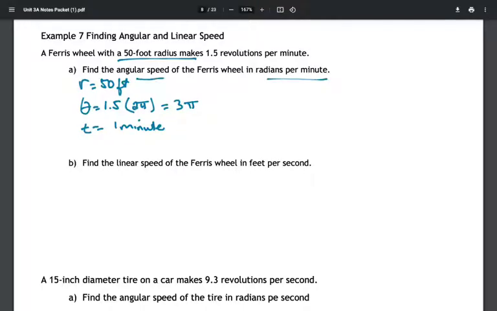So to get angular speed, we're going to do theta divided by time. So theta is 3 pi, time is 1 minute. So we end up with 3 pi radians per minute.